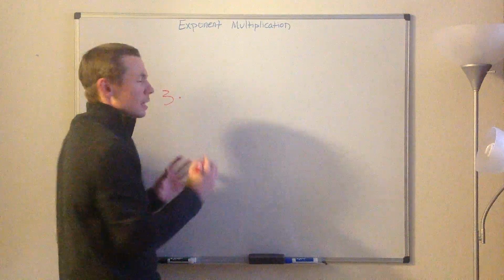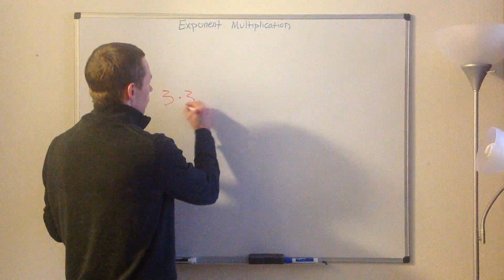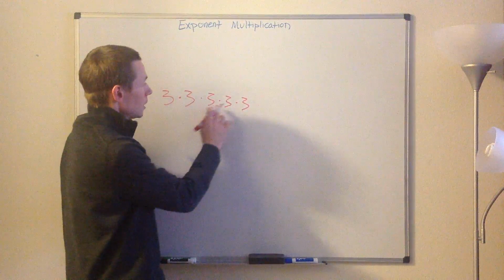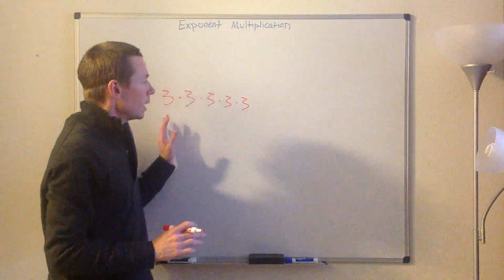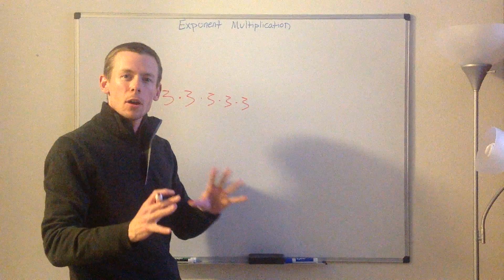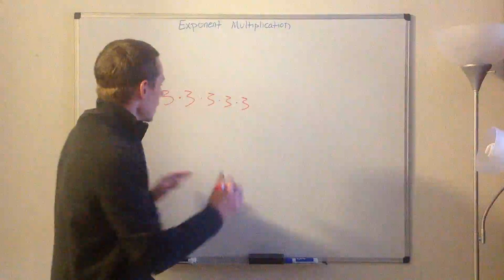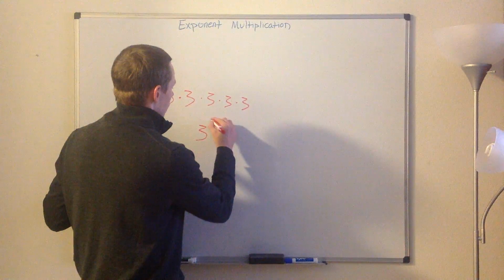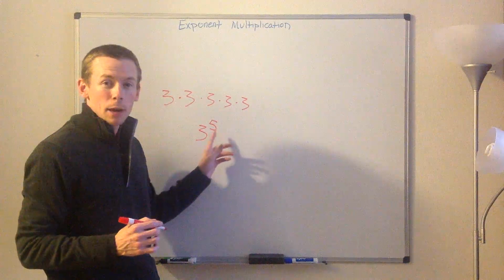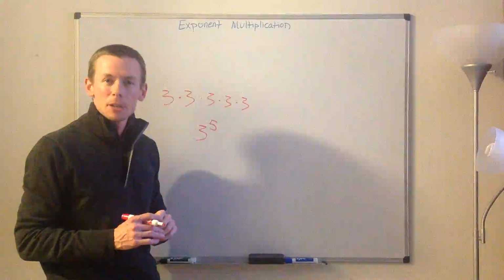So, for instance, if we encountered a multiplication exercise that looked like this, 3 times 3 times 3 times 3 times 3, we could write all that out, but a long time ago mathematicians decided that it might be easier to write what's called an exponent in the top right corner of a number to signal how many times you're multiplying a particular number.